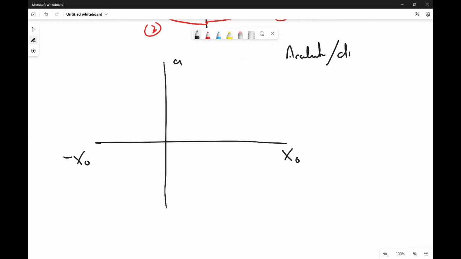Acceleration against displacement. So this is, let's say, the mean position. At the mean position, the displacement is 0 and the acceleration is also 0. Now, once the pendulum starts to move towards the extreme position, the displacement becomes maximum, the acceleration also becomes maximum, but in the opposite direction.